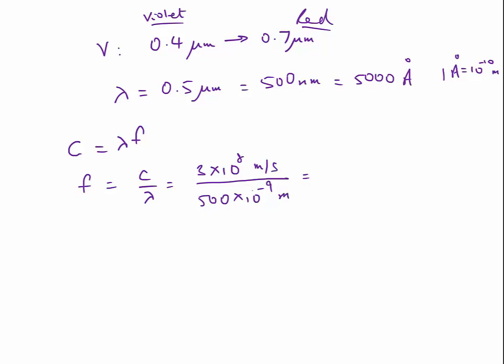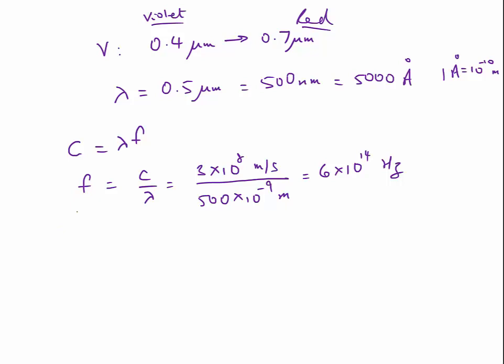And so when I calculate this, I will get 6 × 10^14 hertz. So very high frequency. These little electric and magnetic fields are oscillating that many times per second, but their wavelength is only half a micrometer, which is about 1/100 the width of a typical strand of human hair. So very small wavelength, very high frequency, gives it a pretty high speed.